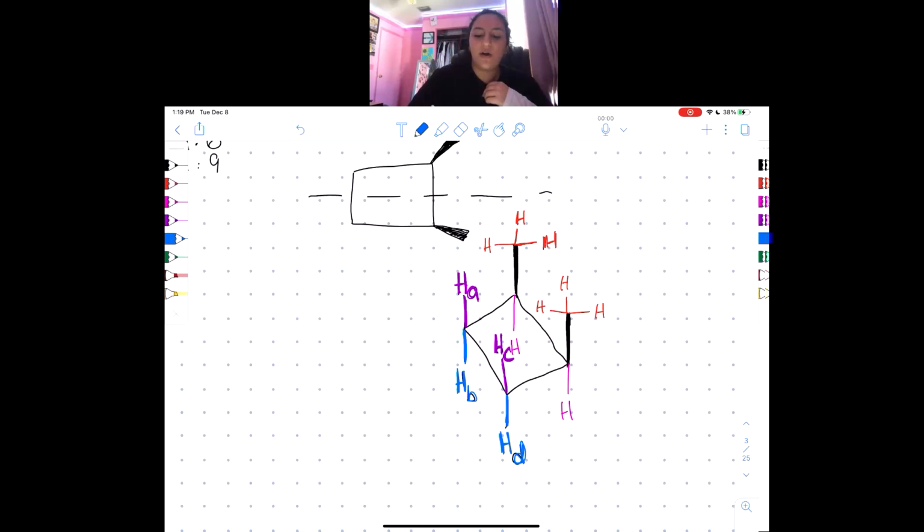I believe we would just call A and B heterotopic to one another, and we would call A and C homotopic. I don't think we can use enantiotopic and diastereotopic because it is a meso compound. Sort of, kind of, does that make sense?